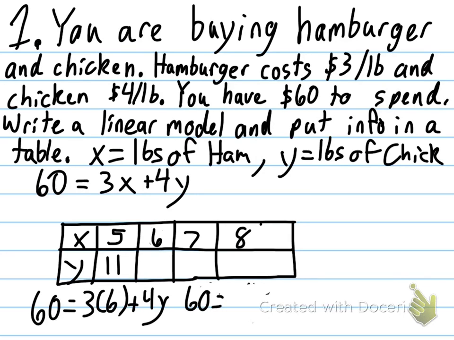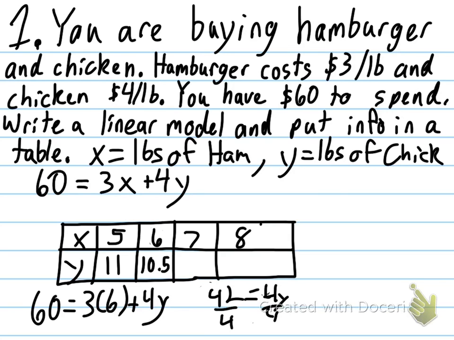So 60 equals 18 plus 4y. Do some subtraction. 60 minus 18 gives me 42. Divide by 4, and we get 10.5.